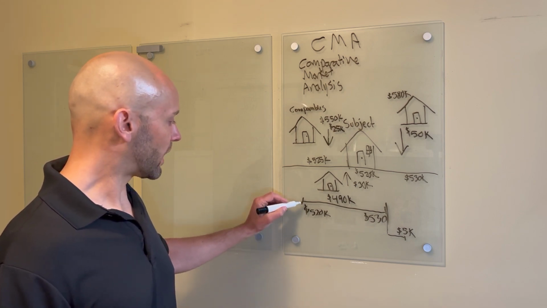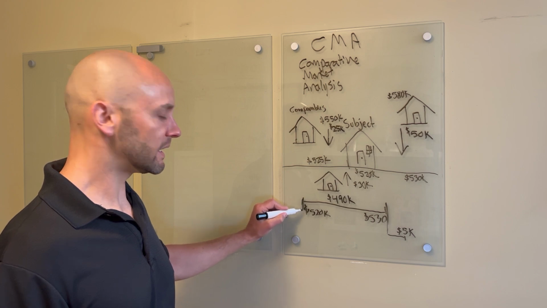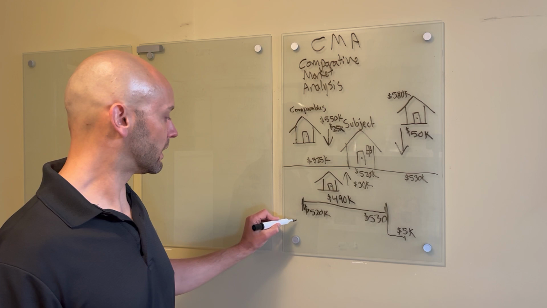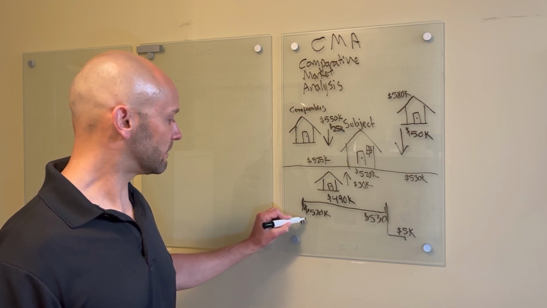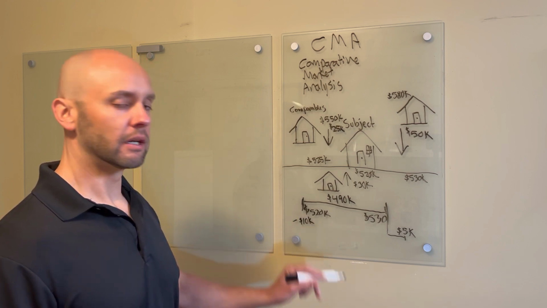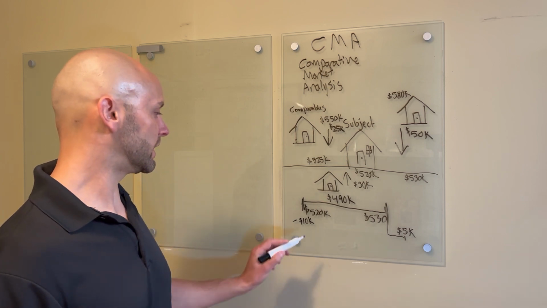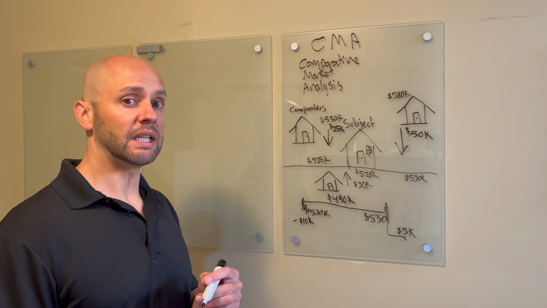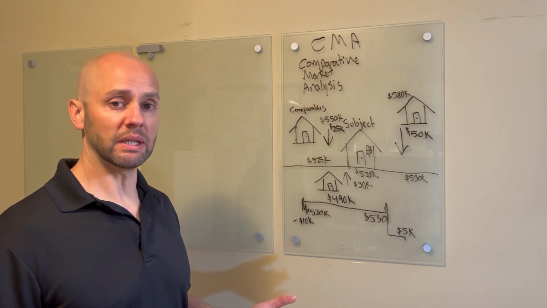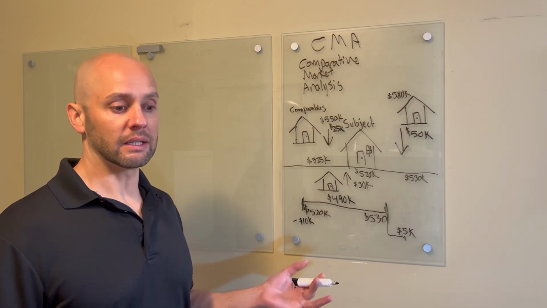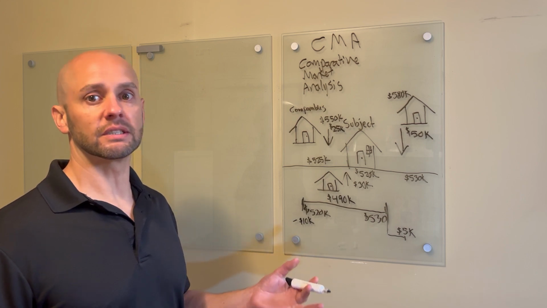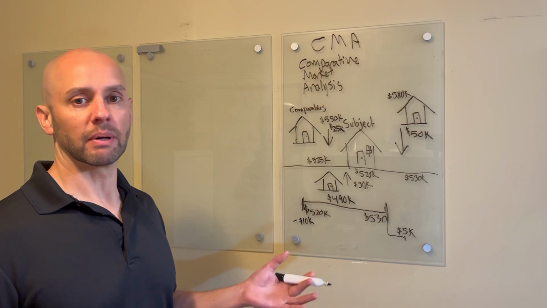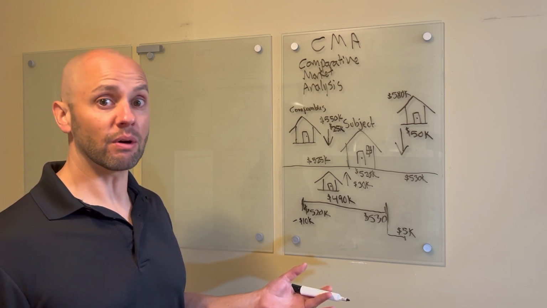So maybe for this example, it's on this end of the scale, and maybe even less. Maybe it's even 10 grand less for that hassle, their time and energy, and they don't even know what condition the home is going to be in when they buy it, right? According to the offer to purchase, the property does need to be in a similar condition to when they viewed it, but people don't always know, right?